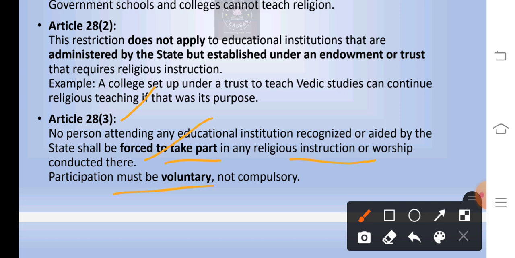If they are voluntarily willing to participate in that instruction or worship, they can do so, but there shouldn't be any forceful compulsion on that student to take part in the religious instruction.